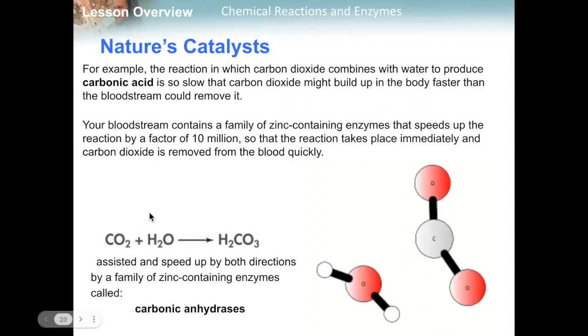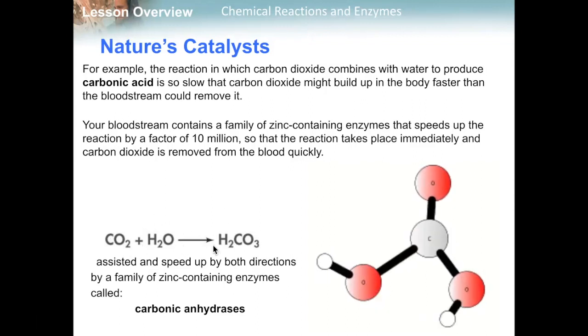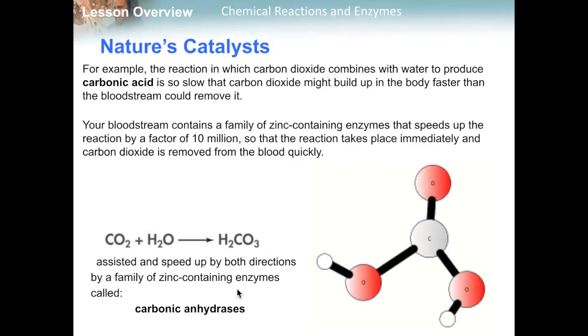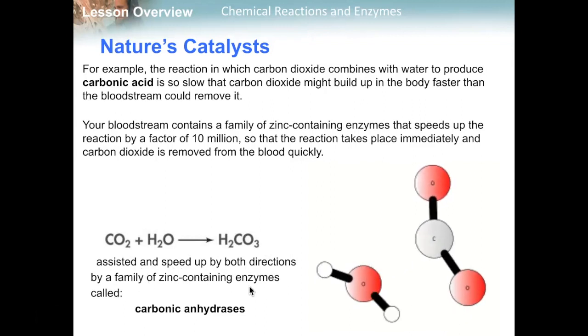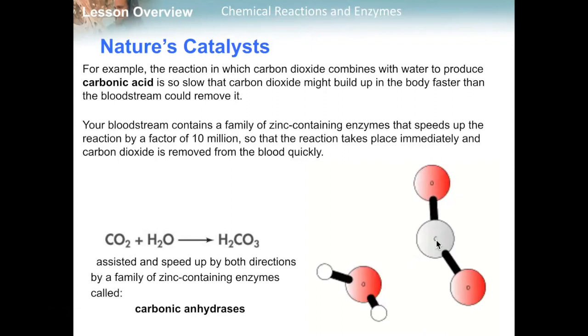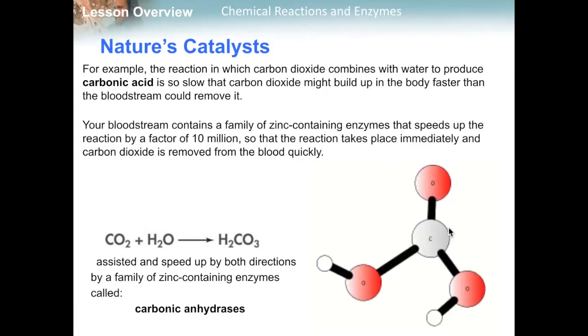Carbon dioxide combines with the water to create the carbonic acid, and it is assisted and sped up in both directions by a family of zinc containing enzymes called carbonic anhydrases. Water and carbon dioxide create carbonic acid.